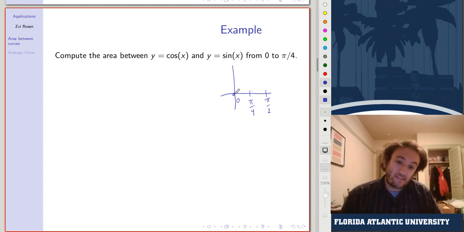Sine x, we know that it's 0 at 0 and it's 1 at pi over 2. Okay, so it should look something like that. At pi over 4, you might remember the 1, 1, square root of 2 triangle. Sine is equal to 1 over the square root of 2.